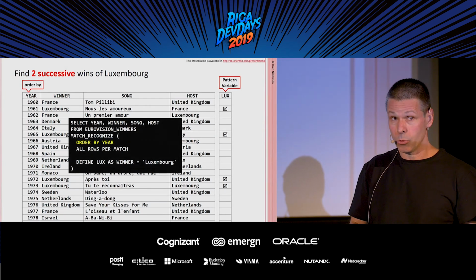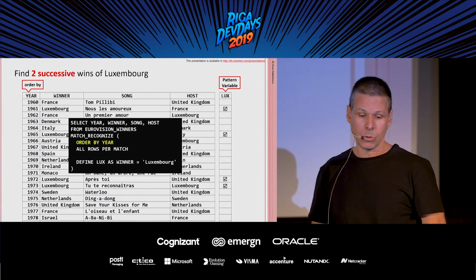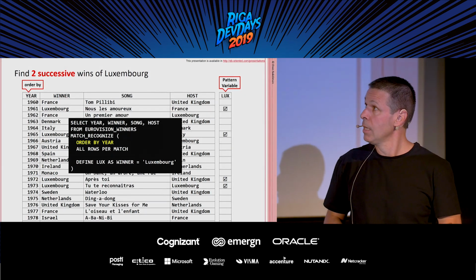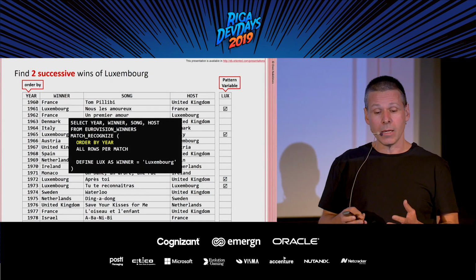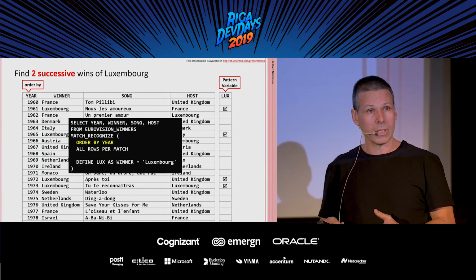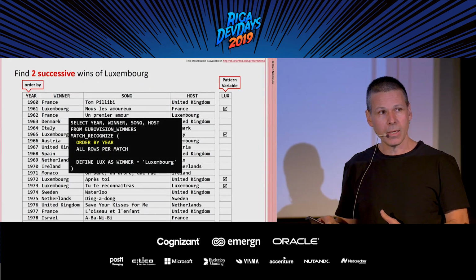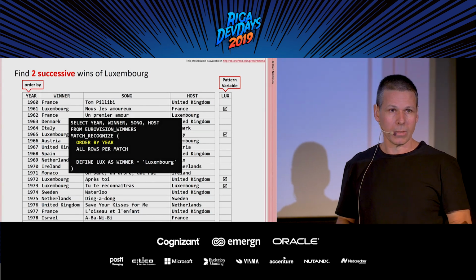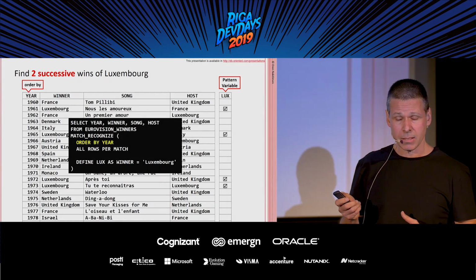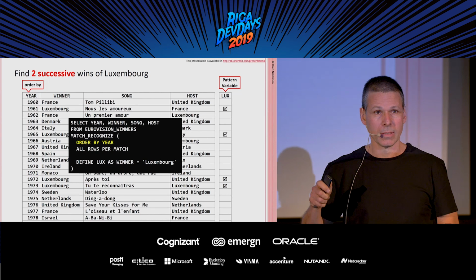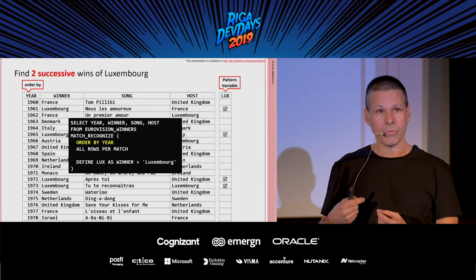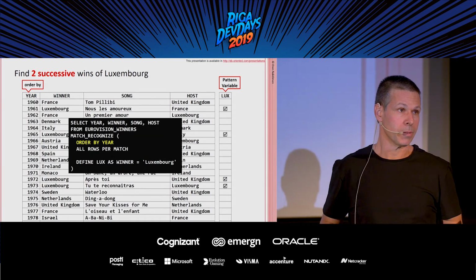So we can and should add order by to match recognize, order by year. And actually, if there is a match recognize query that doesn't specify order by, then most probably it is a bug, because it rarely makes sense to look for sequences in rows without defining the order of the sequence.